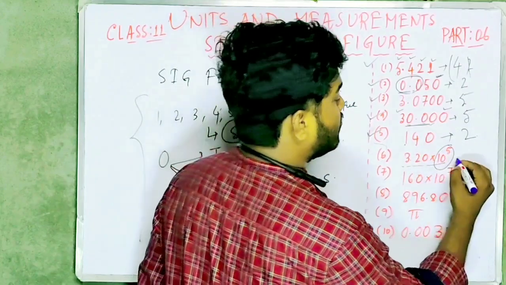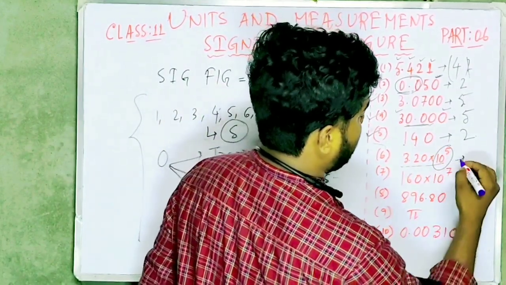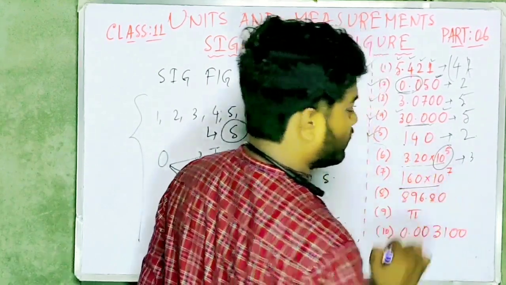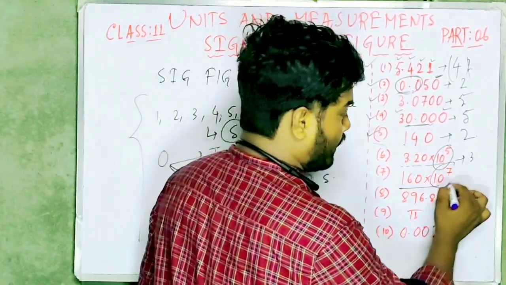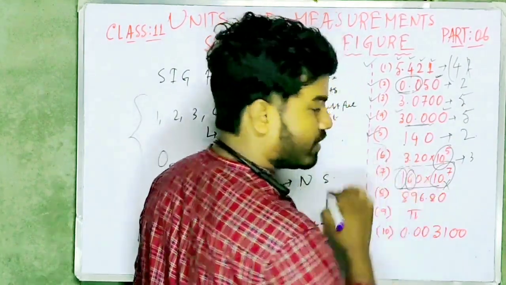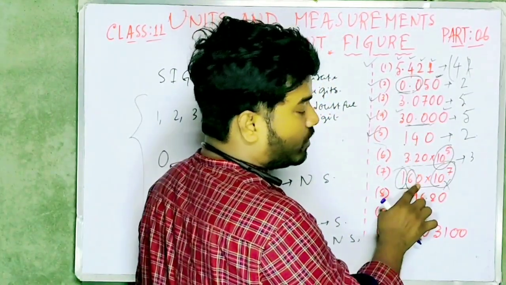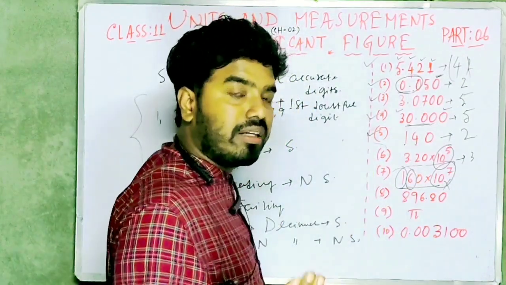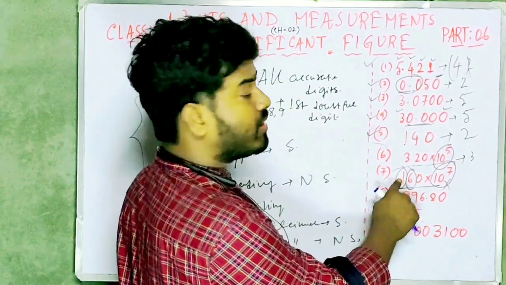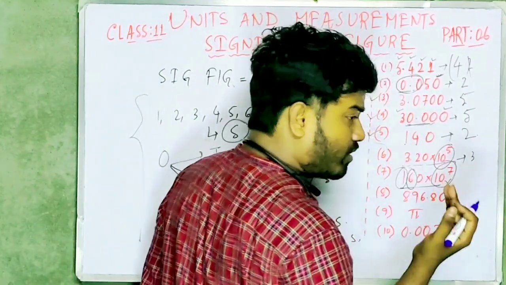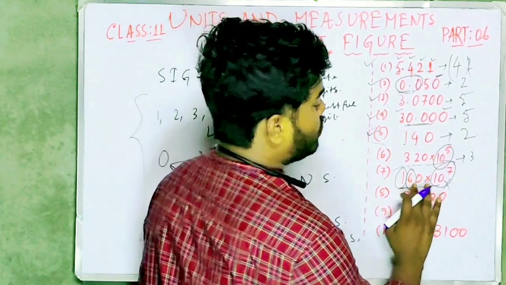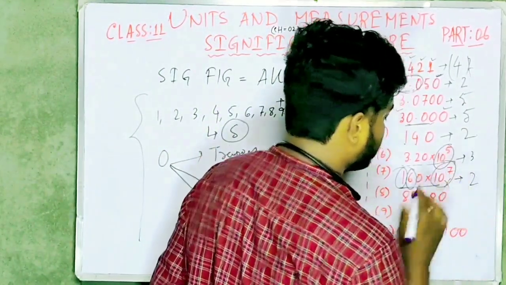So the significant figure is 3. Next this one, 10 to the power 7, not significant, 1 significant, 6 significant, and this 0 not significant. Why not significant? Because this is an ending 0 but there is no decimal point, and the rule is an ending 0 with no decimal point is not significant. So 1 and 2, the significant figure is 2.